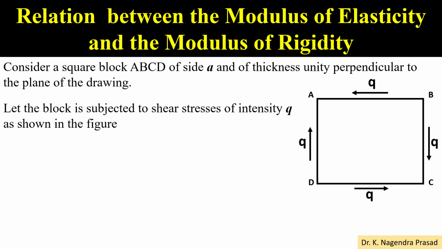Let the block be subjected to shear stress of intensity small q as shown in the figure. In this figure, we observe a square block ABCD subjected to a pure shear small q, with side small a.